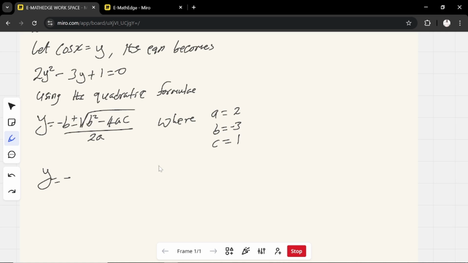So we are going to have minus, mind you, we have a negative sign here, so minus into the bracket of the value of b, negative 3, plus or minus the root of, the value of b is minus 3, mind you, it is squared, minus 4 into the bracket of the value of a is 2, the value of c is 1, all over 2 into the bracket of the value of a, which is 2, right? So with this, let's further simplify.